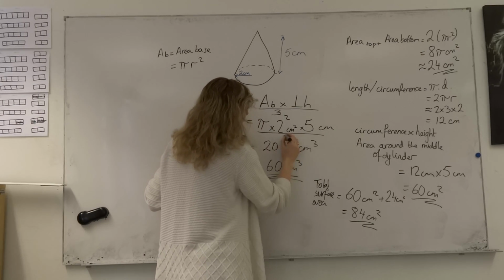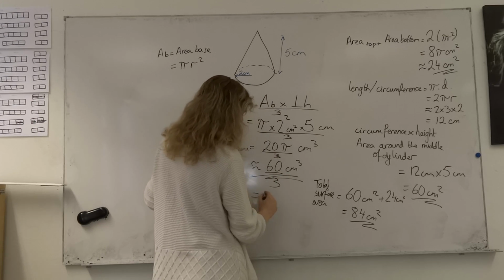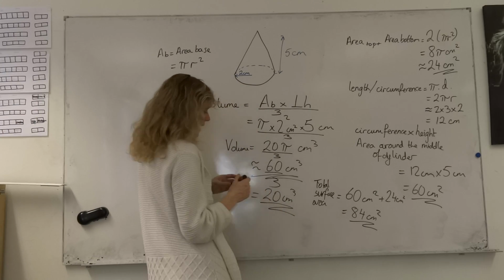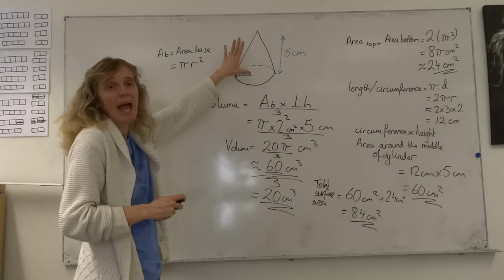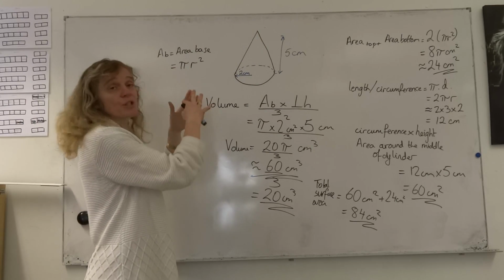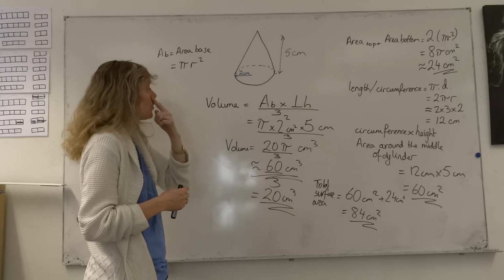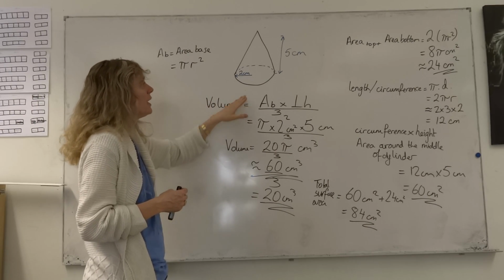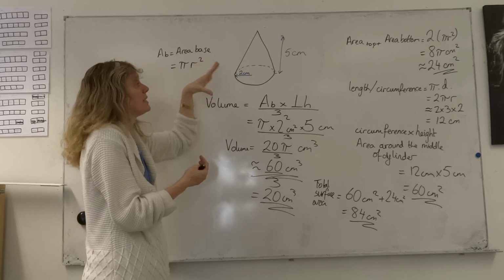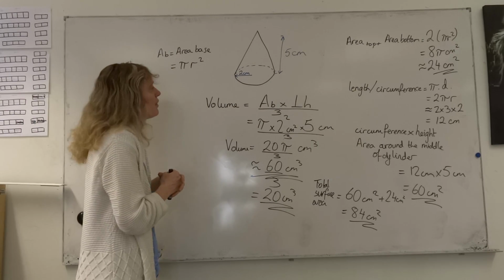So we would divide all of these factors by 3, which would give us 20 centimeters cubed. So quite interesting, with both cones and pyramids, it's actually the same as the volume of the shape as though it was a cylinder, and then just divide that volume by 3. So a third of the volume of a cylinder is the volume of a cone. A third of the volume of a cuboid is the volume of a pyramid. So that's a useful technique to remember at the very end as well.